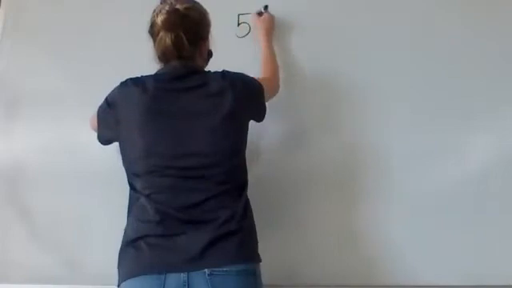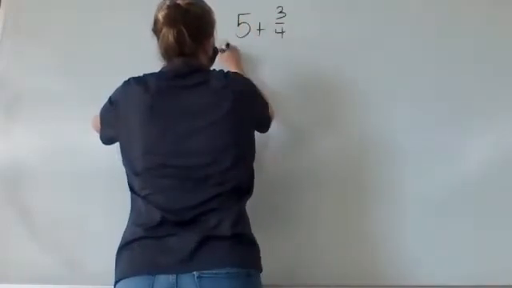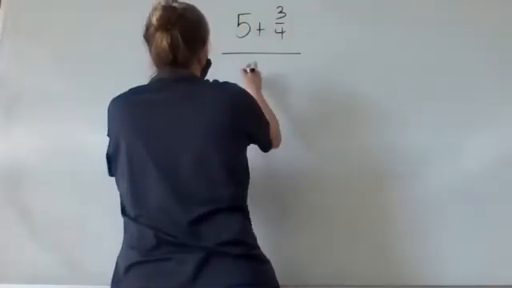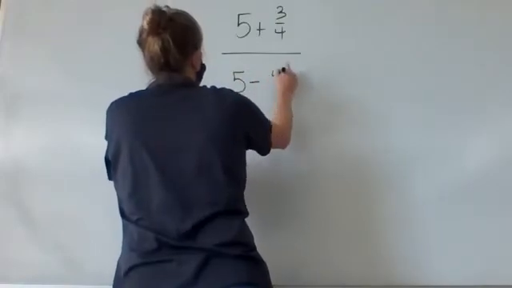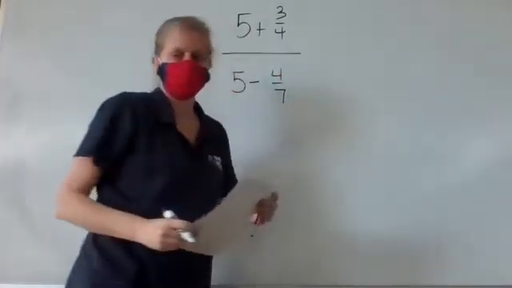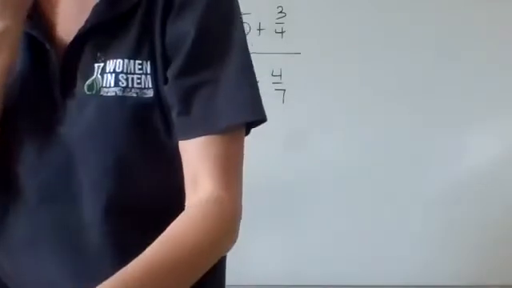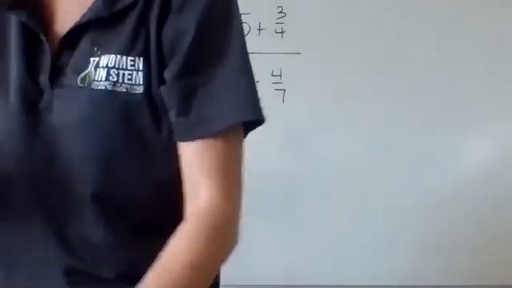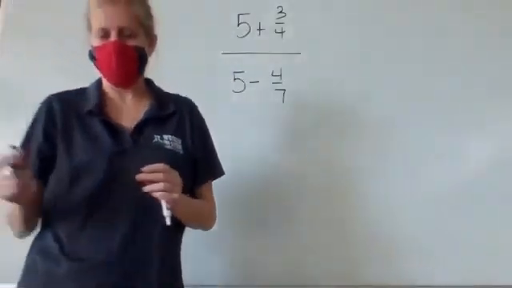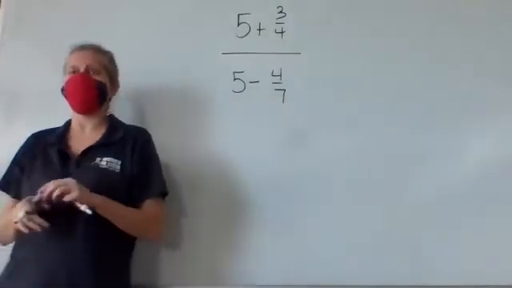All right, number 6. I've got 5 plus 3/4 over 5 minus 4/7. Okay, I'm going to try to work this page as similar to each other as I can.